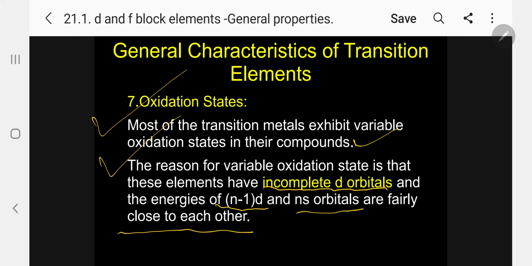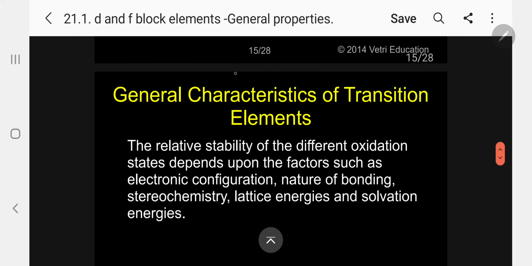Because of this, the relative stability of the different oxidation states depends upon factors such as electronic configuration, nature of bonding, stereochemistry, lattice energy, and solvation energy.